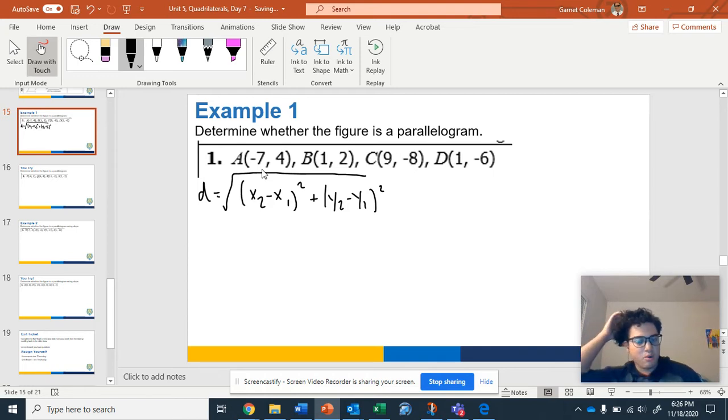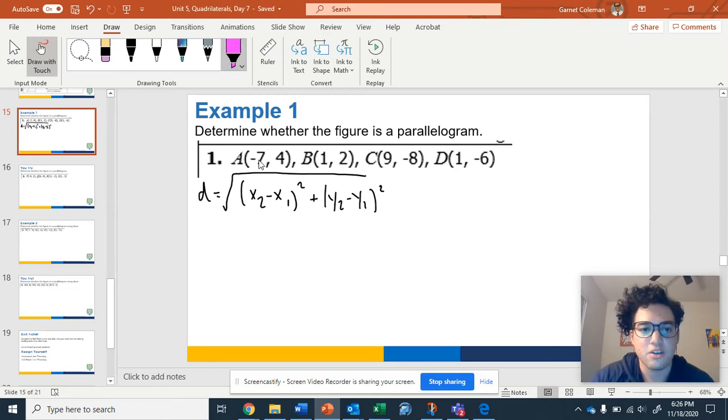And so then what we're going to do is fill in all of that information. So here are the x's. Those go in that spot. Here are the y's. They go in this spot.